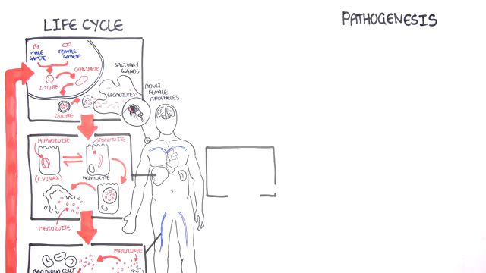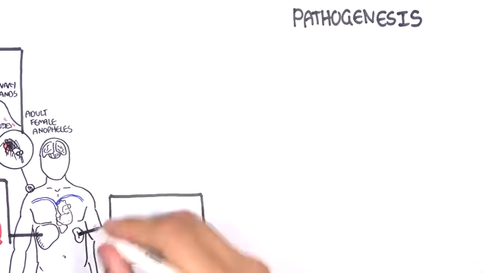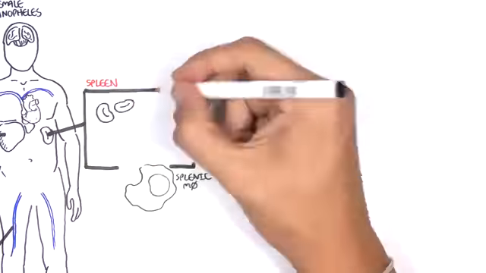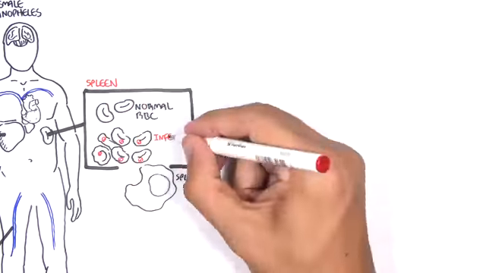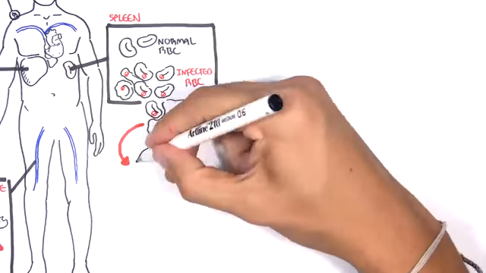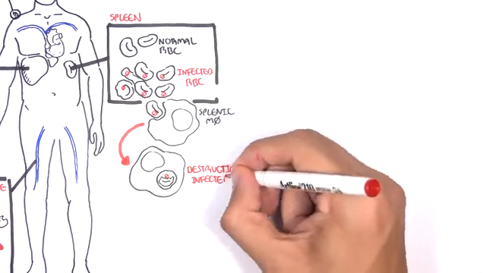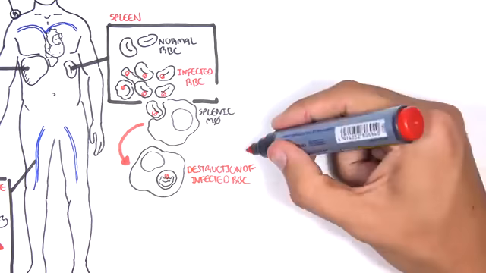So the spleen of the human is responsible for killing damaged red blood cells, amongst many other things. So we can have normal red blood cells, and we can also have the infected red blood cells, infected by the merozoites in the asexual cycle, remember. The splenic macrophages have a central role in sensing and phagocytizing these infected red blood cells, and they are exposed to high numbers of parasites in the process.